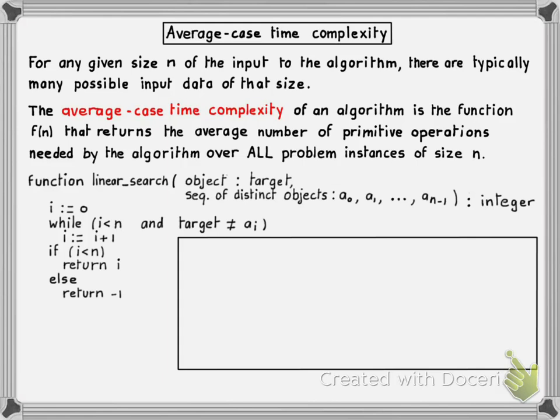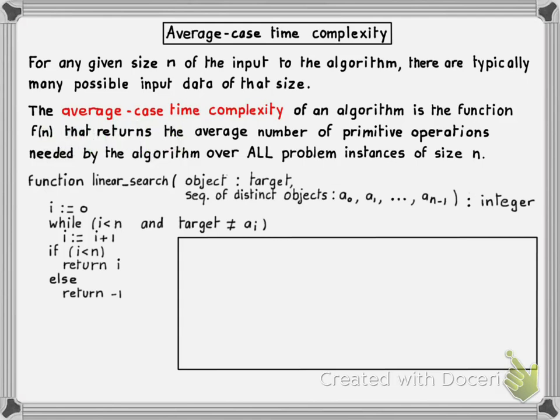And of course, we're going to stick with the comparisons. Then, we're going to count the number of primitive operations that the algorithm executes in the best case, the worst case, and every other case in between. We're going to add all these numbers and divide by the number of cases to get the average case time complexity.